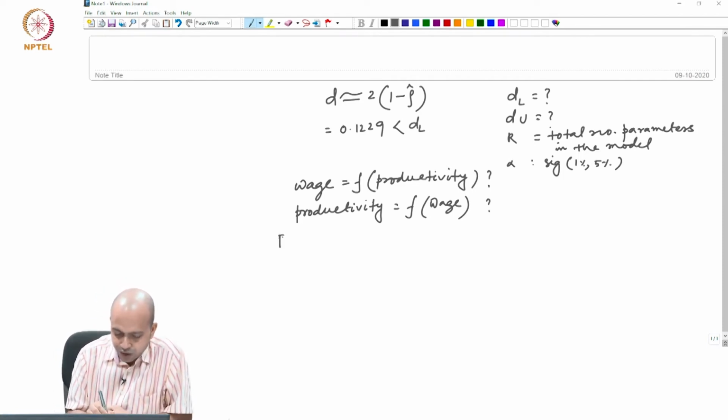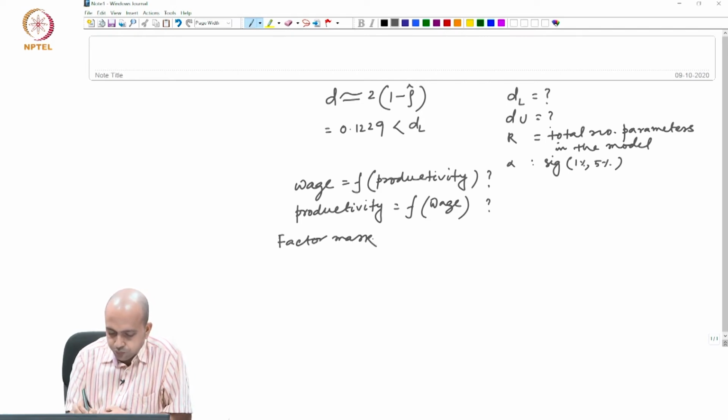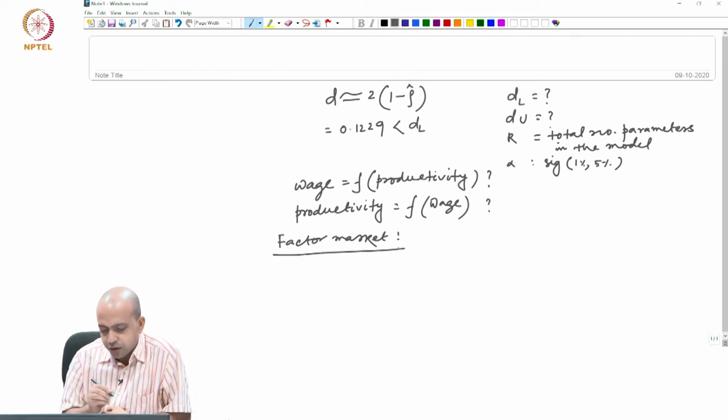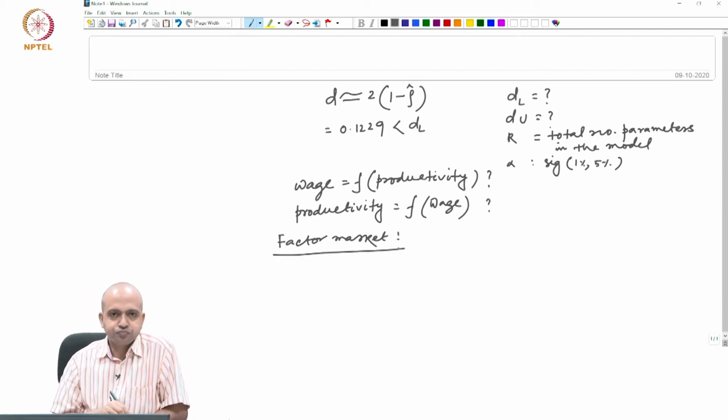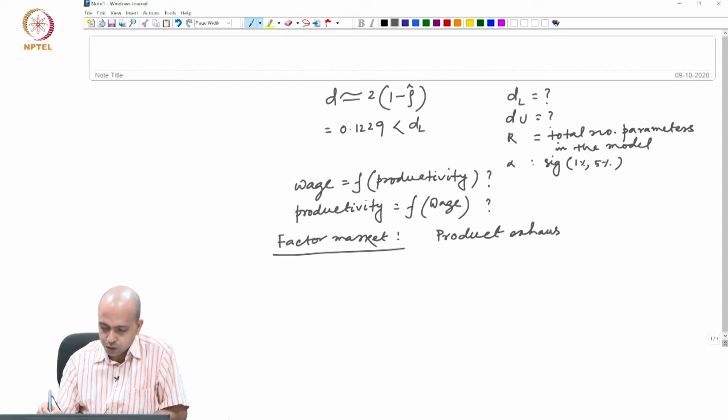In the factor market, there is one theorem which says that in a perfectly competitive market, when the laborers are paid based on their value of marginal product, then the value of the total product gets exhausted, which is called the product exhaustion theorem.